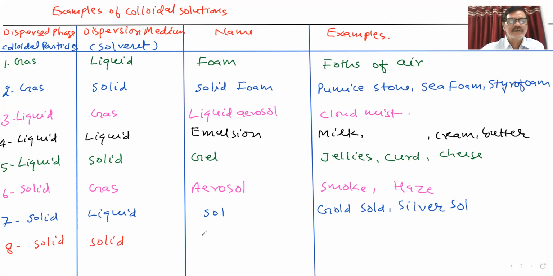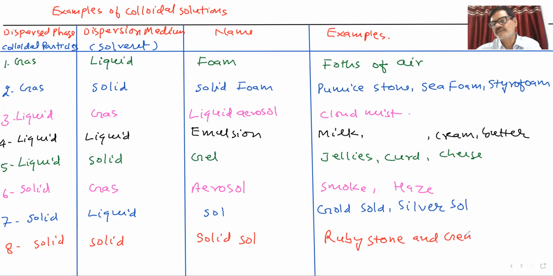It is called solid sol. So that is the ruby stone and other gemstones. Gemstones are examples of this.